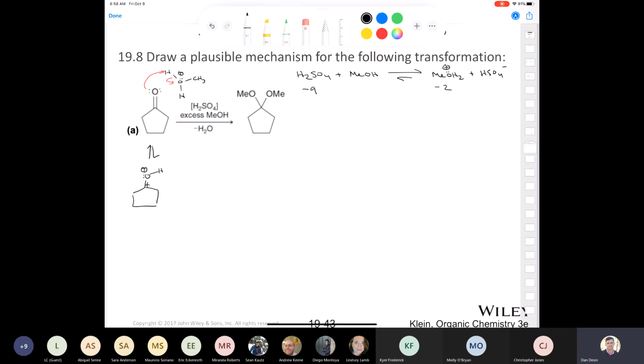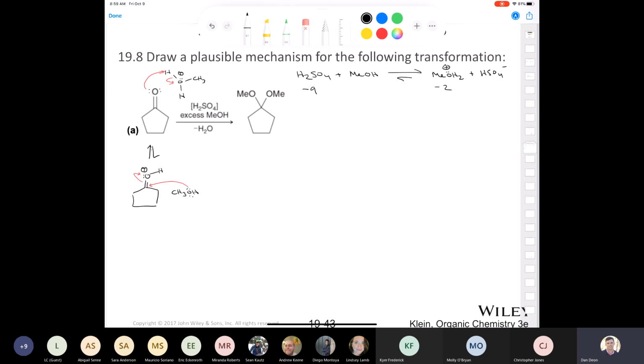Now I've rendered this carbon very electrophilic. Do I have a good electrophile or a good nucleophile? Well, when I deprotonated this protonated methanol, I produced methanol. So now my methanol, CH3OH, can act as a nucleophile, and it's going to attack like that.